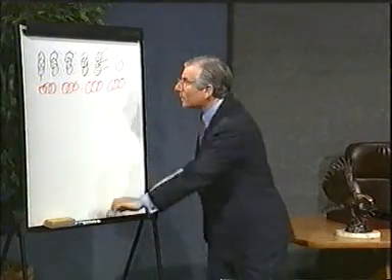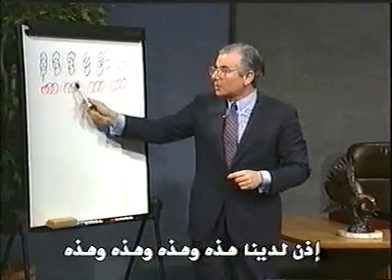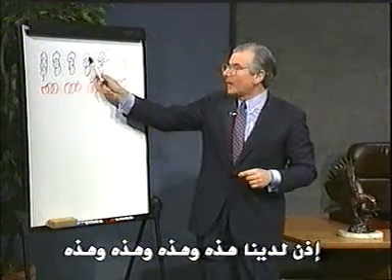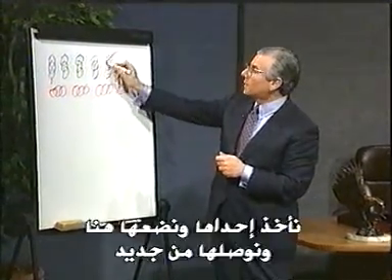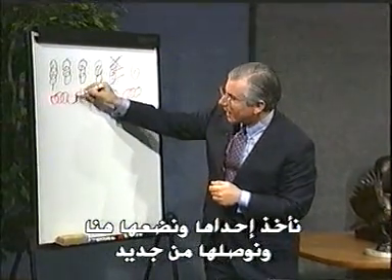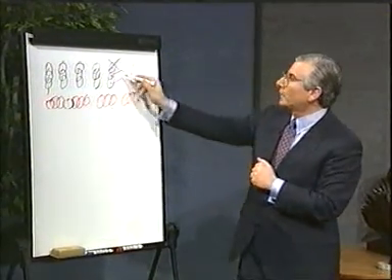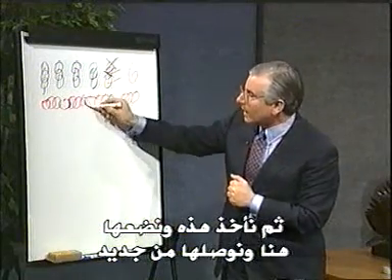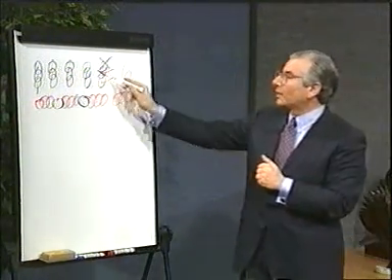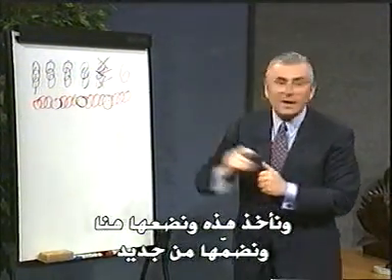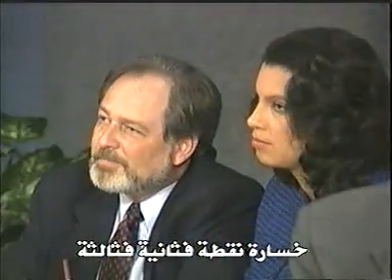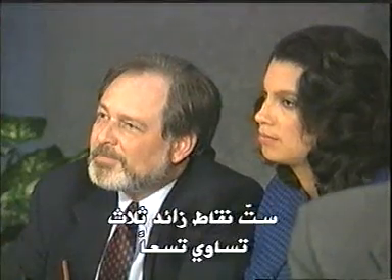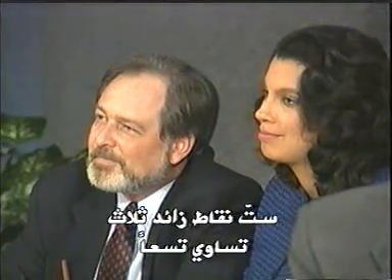And now we've used this one, this one, this one, and this one. And we have 3 small ones here. We take this one here, put it right there, and link it up again. We take this one, put it right there, and link it up again. And take this one, put it here, and link it up again. That's 1 point, 1 point, 1 point. So 6 plus 3 equals 9.